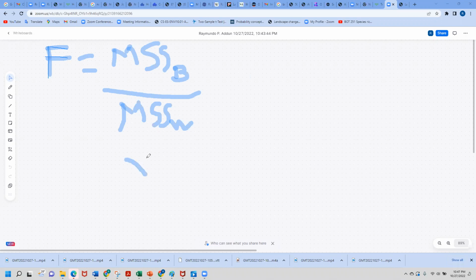If you have the mean of one of the groups, let's say that group is J, that's the mean of one group, and then you get its difference from the grand mean. This is the grand mean, and you square them.